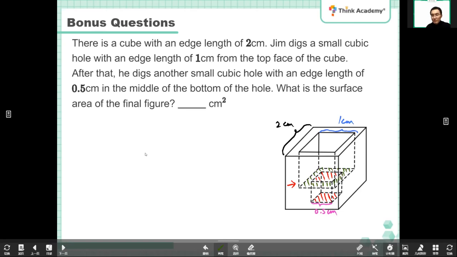So I have marked the bottom face of the 1 cm edge length cube. We have a 1 times 1 square for the green face. The green face is only made whole when we move the red face up. And now the green face is in the middle.